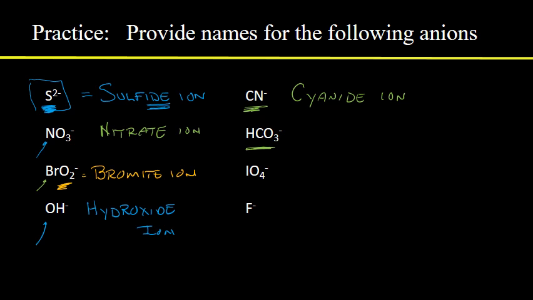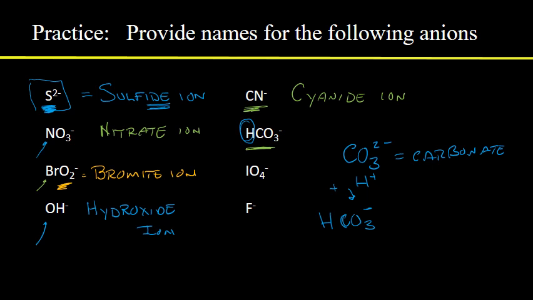HCO3 minus. Okay. That's not one of the ones that we memorized, right? But we did learn that CO3 2 minus is the carbonate ion, right? And if you look here, we've got an H on there. So if we were to add hydrogen to that and put an H at the beginning of the formula, and the charge, H plus, the charge would increase by 1, so it'd go from -2 to -1.